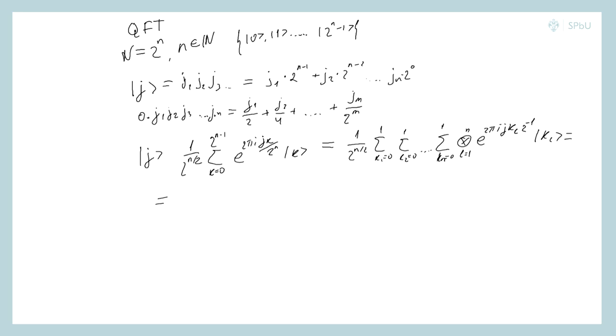And change the order of the tensor product operation and the summation: 1 over 2 to the power of n/2, tensor product of l factors, where l is from 1 to n, sum over kl from 0 to 1 of e to the power of 2 pi i j kl divided by 2 to the power of l, on the state kl.